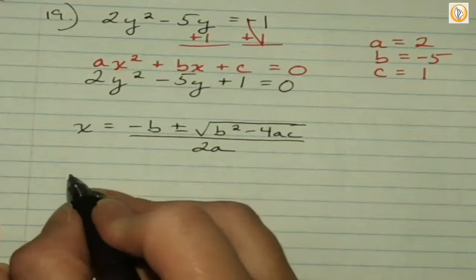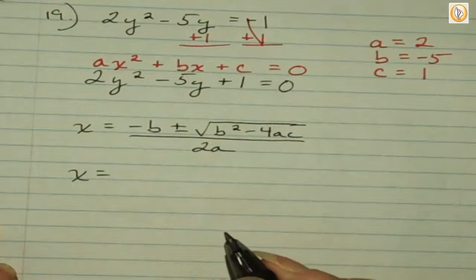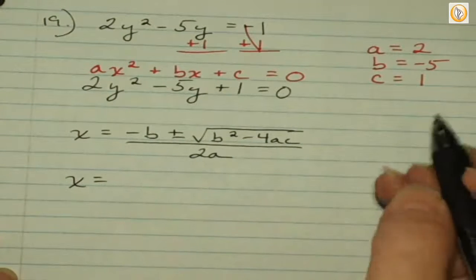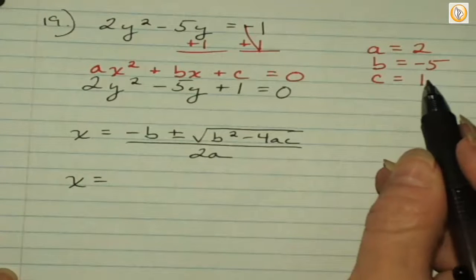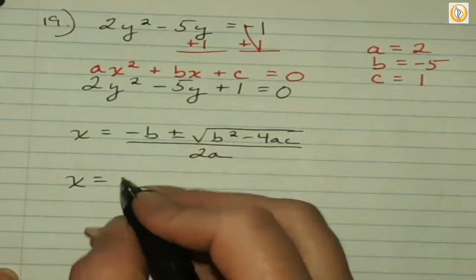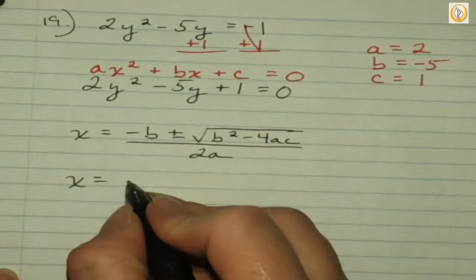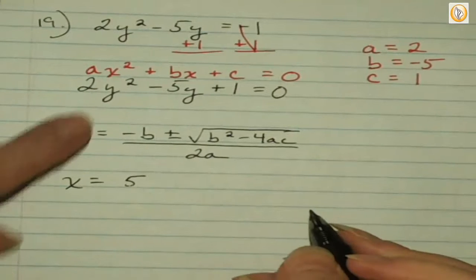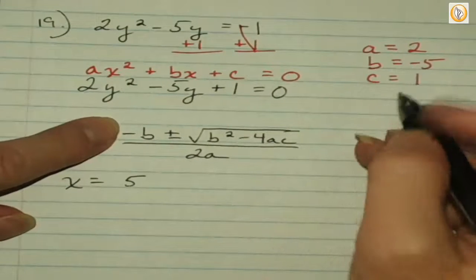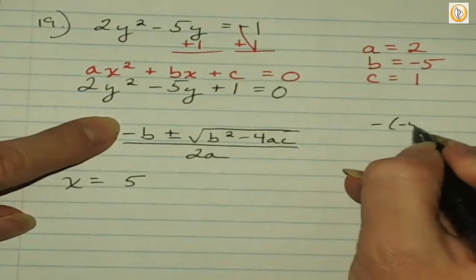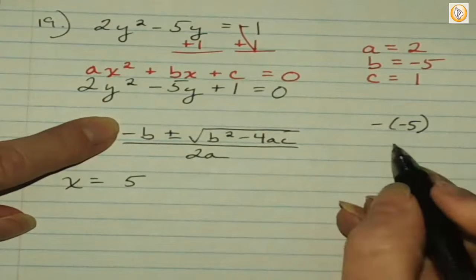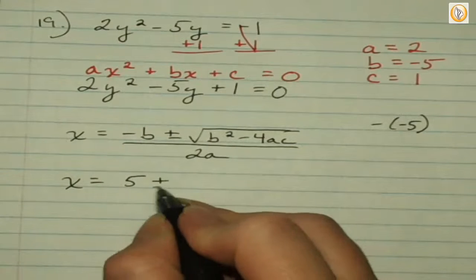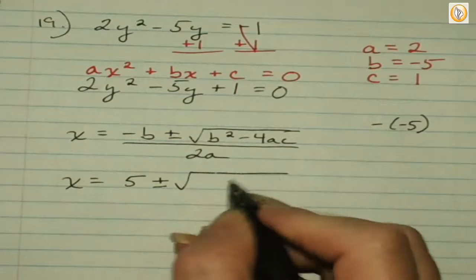All right, now we start plugging in. This says negative b, and my b is negative 5. So what should this be? It's going to be positive 5. That's right. It's going to be positive 5 because if that's a negative and that's a negative, it's going to be like this. Therefore, it's a positive 5. We can go ahead and fix that.